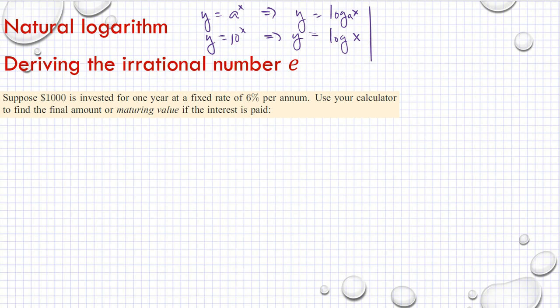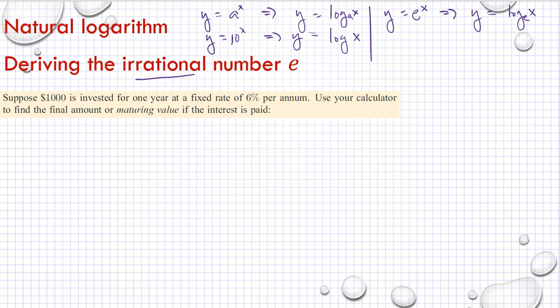But there is also a base e. So y is equal to e raised to x. That is also an exponential function. e is an irrational number. And the inverse of that is y is equal to logarithm of x with the base e.